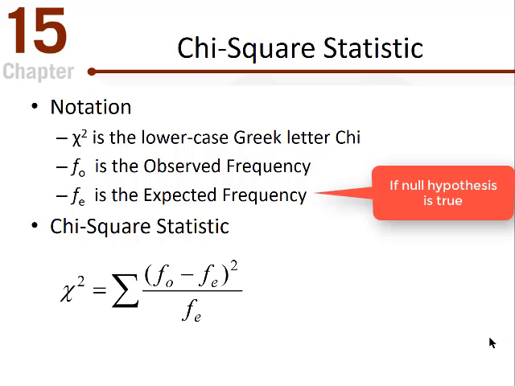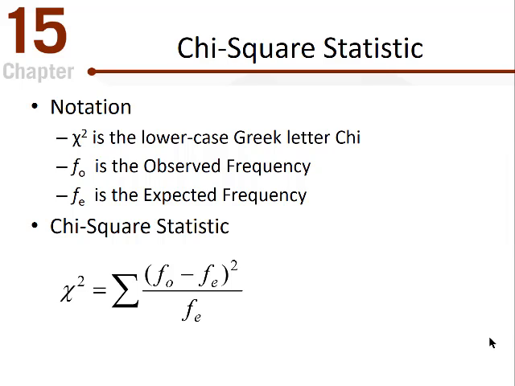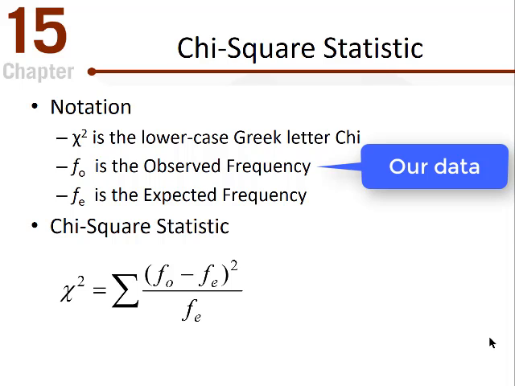So what would it look like if the null hypothesis was true, meaning there is no difference between the categories? The FE is the value that is predicted from the null hypothesis and sample size. And we compare this with the FO, which is the frequency observed, which is our data set.